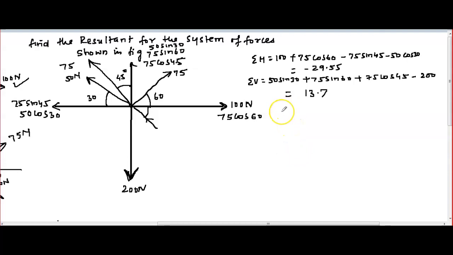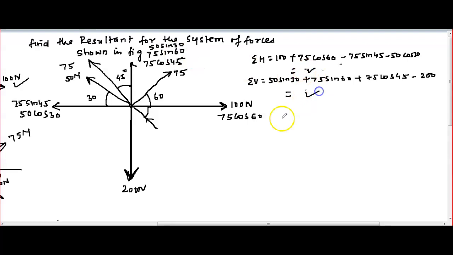Sigma, how much? 41, how will it come? Okay, whatever value comes is correct. This value you can find and this value you can find.